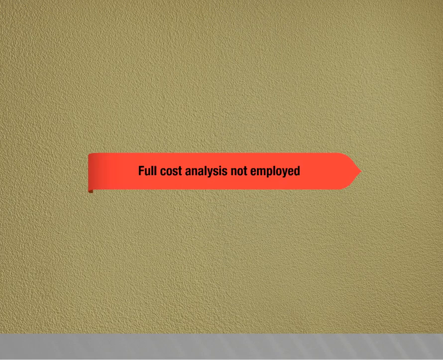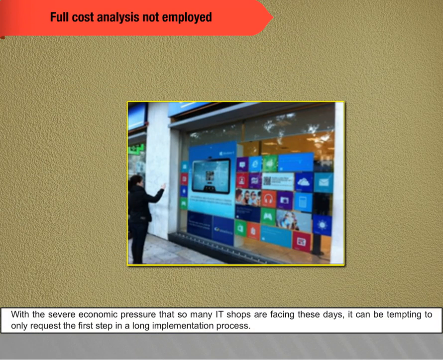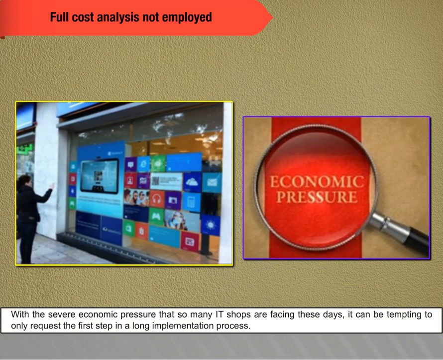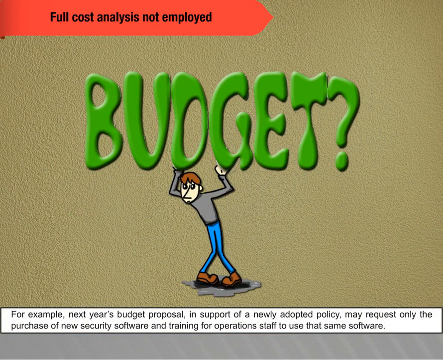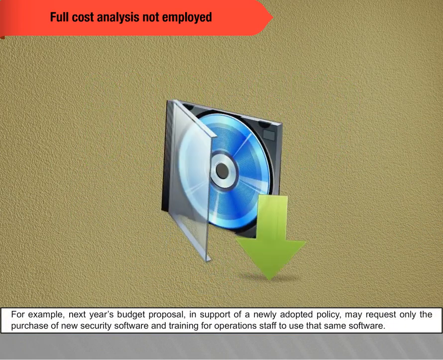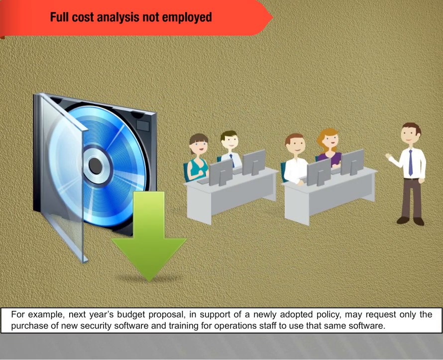Full cost analysis not employed. With the severe economic pressure that so many IT shops are facing these days, it can be tempting to only request the first step in a long implementation process. For example, next year's budget proposal in support of a newly adopted policy may request only the purchase of new security software and training for operations staff to use that same software.